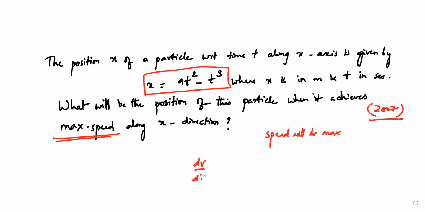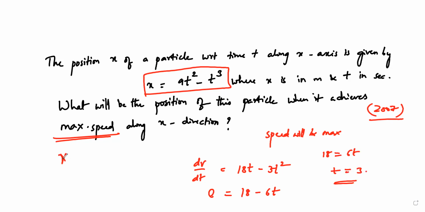If I do dv by dt, what am I getting? 18t minus 3t square. Again I will differentiate. I will get 18 minus 6t. That means let us take this to be 0. Then 18 is equal to 6t, t is equal to 3.